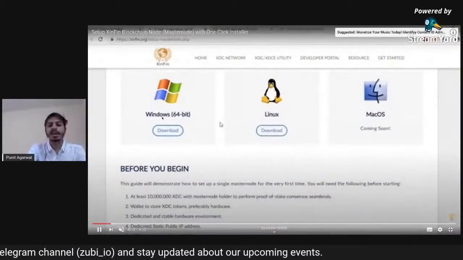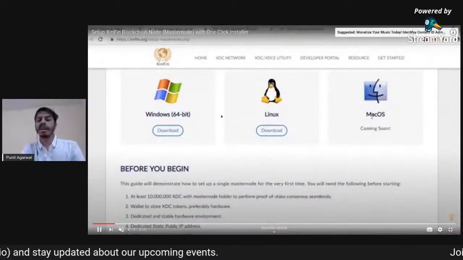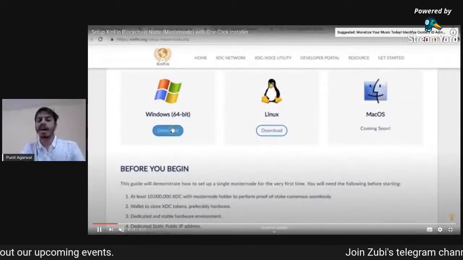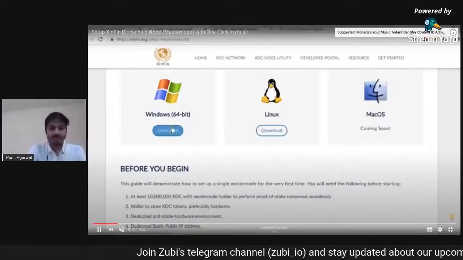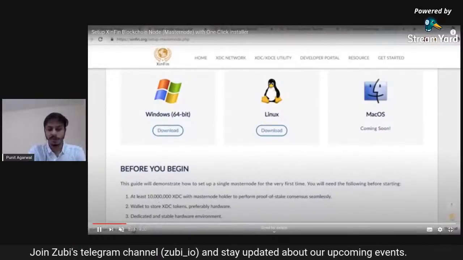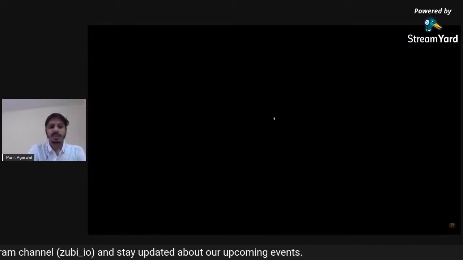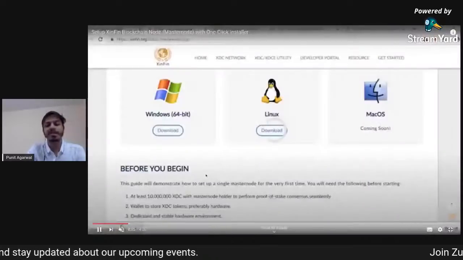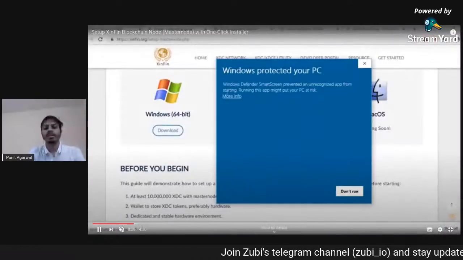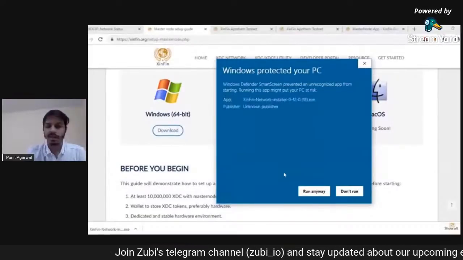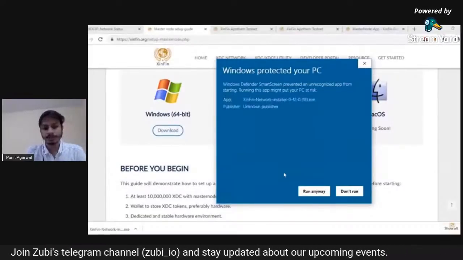Here we have the demo for Windows, and you just have to click download. There's a file being downloaded. It is an executable file. Once you run this executable file, it will ask you for permissions, and you just have to allow it.